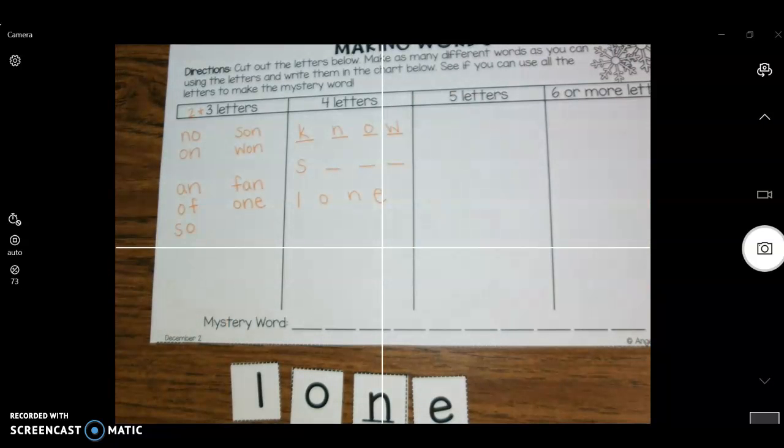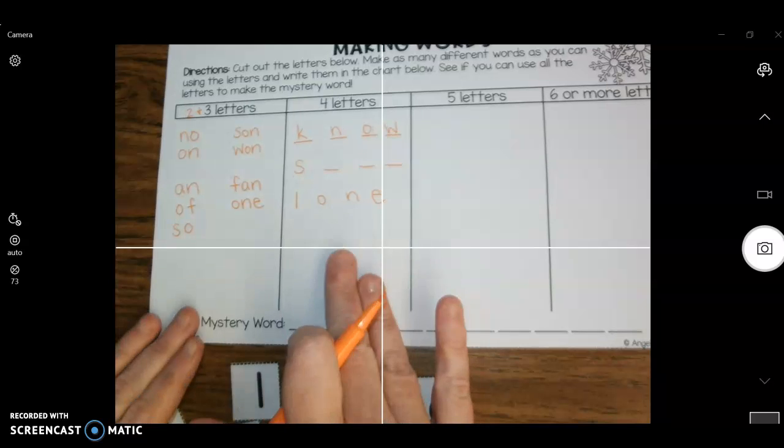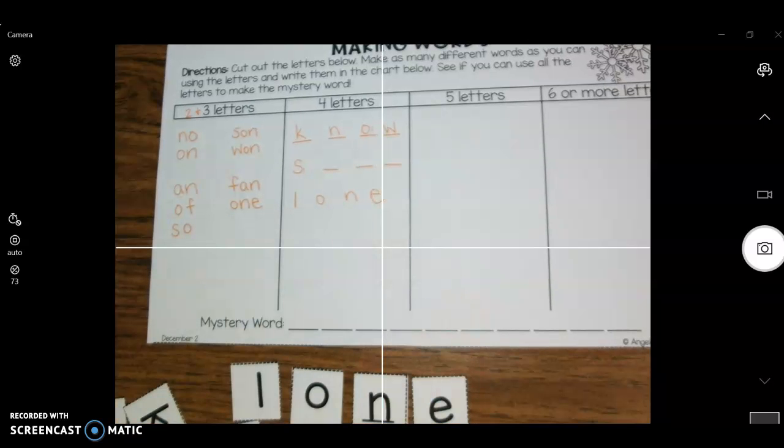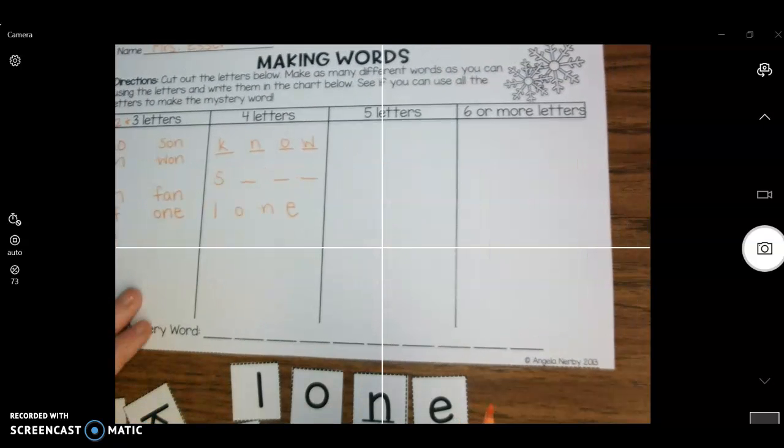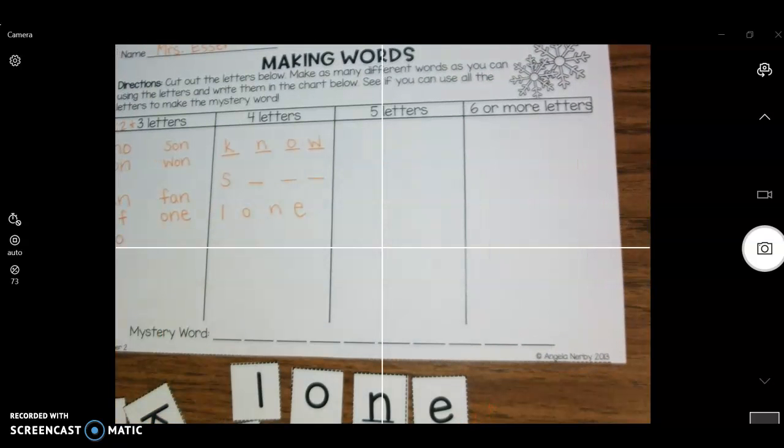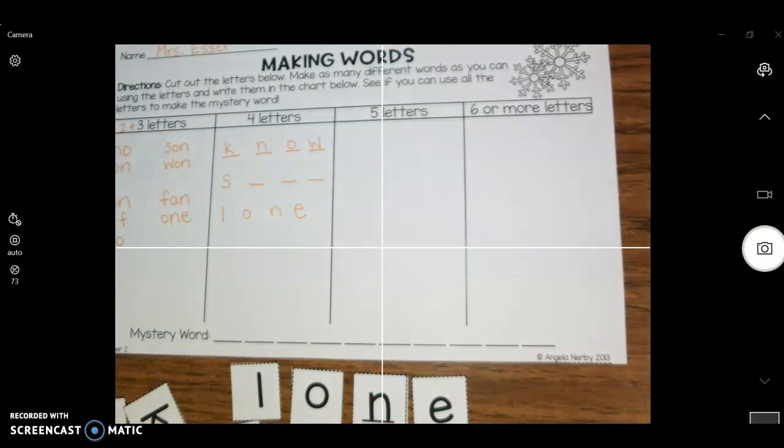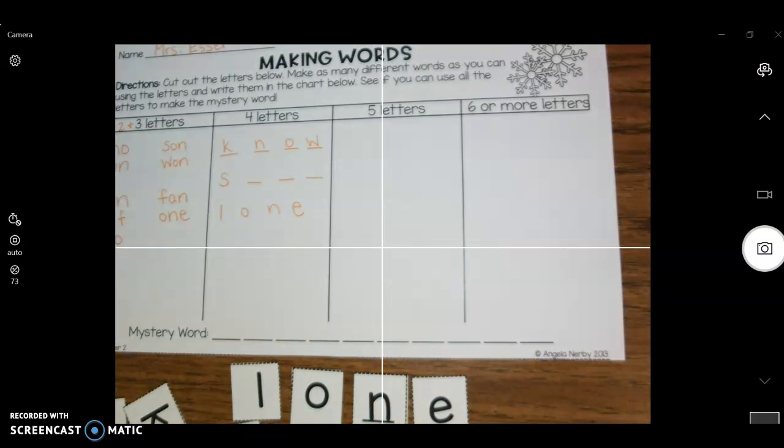All right, let's take some time. I want you to see if you can find some other 4-letter words. Now it's time to stretch your brain. I'm going to give you some hints over here for some 5-letter words. Let's see if you can figure those out.